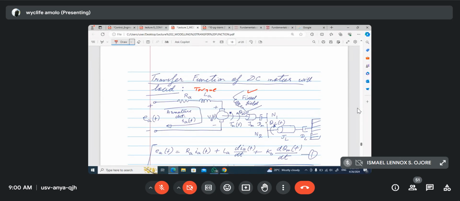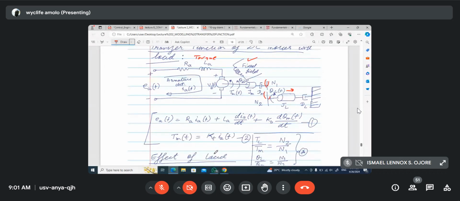There's a voltage, but a field to excite so that there's a rotation to give a torque. That torque is connected to some gears. Then there's also another rotational component connected to the damping component. Therefore, you end up having this kind of arrangement.